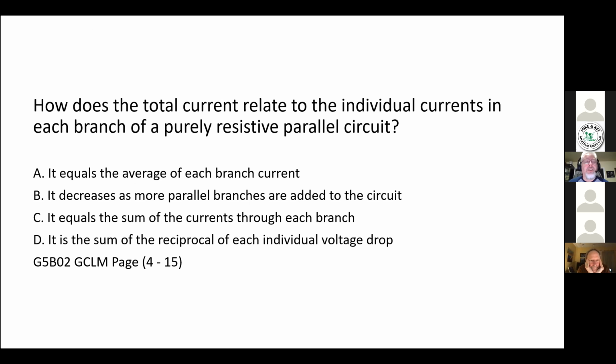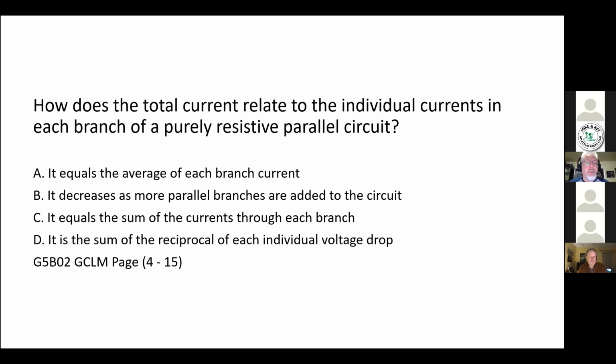How does the total current relate to the individual currents in each branch of a purely resistive parallel circuit? A, it increases the average of each branch current. B, it decreases as more parallel branches are added to the circuit.